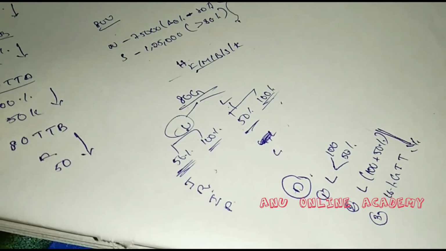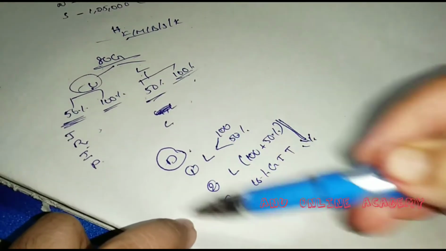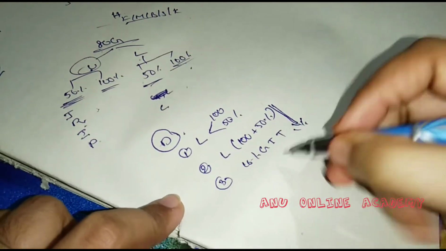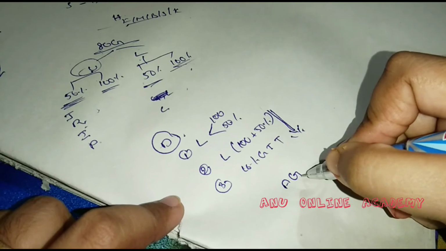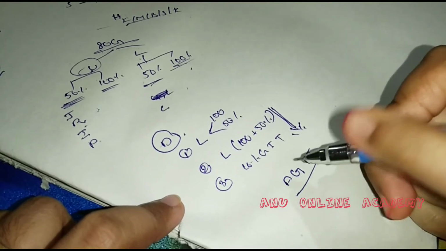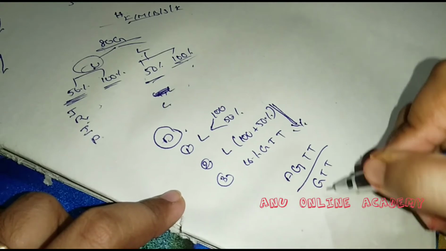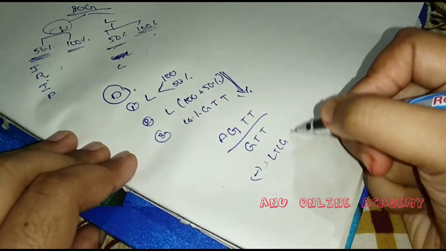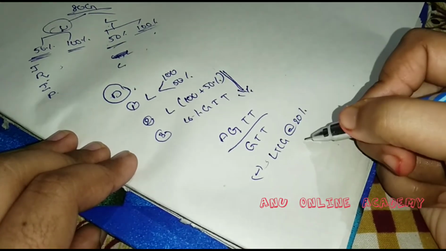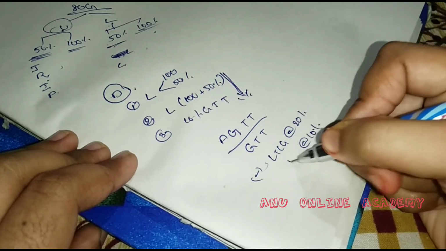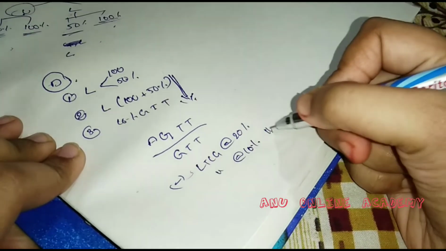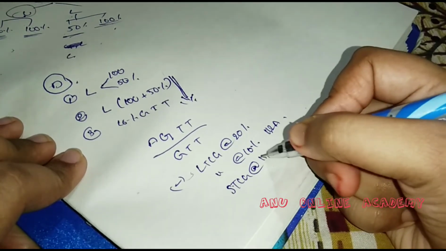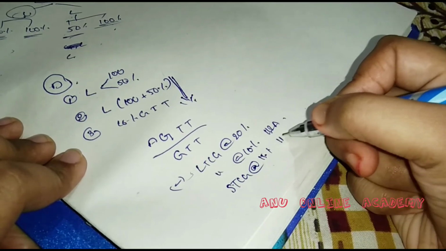Okay. Deduction allowed in this following manner. Okay, and see the next, calculation of aggregate gross total income. First, gross total income, and the next, less long-term capital gain at the rate of 20%, and the next, long-term capital gain at the rate of 10% under section 112A, short-term capital gain at the rate of 15% under section 111A.